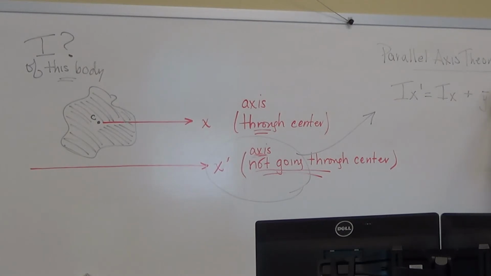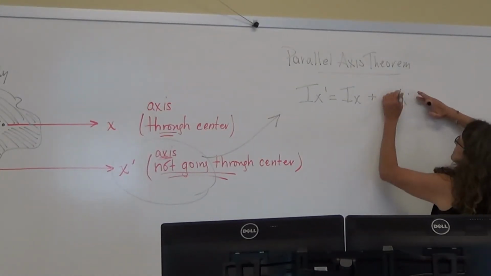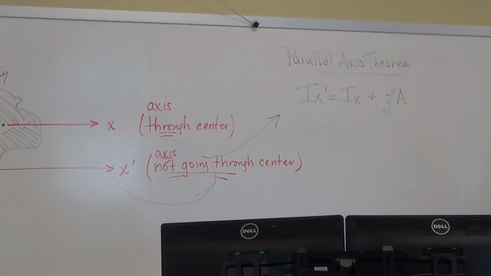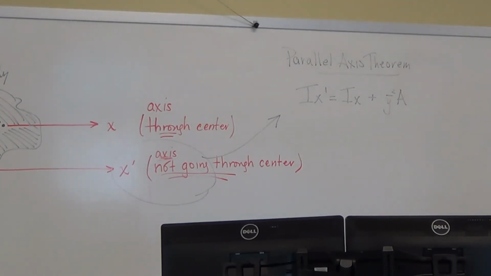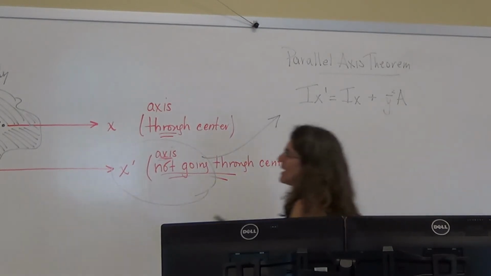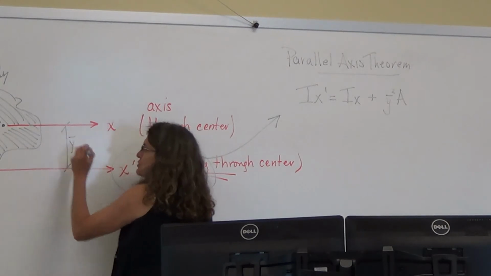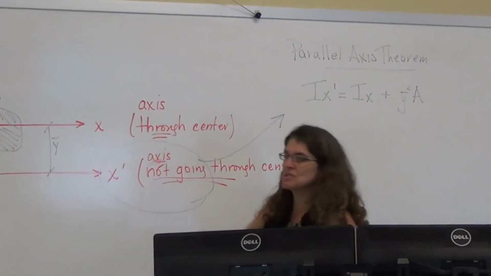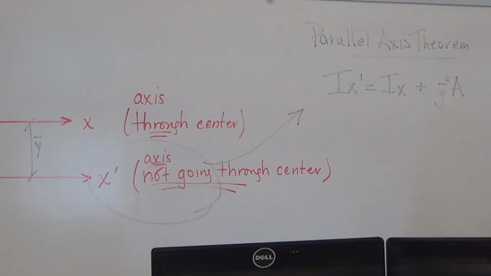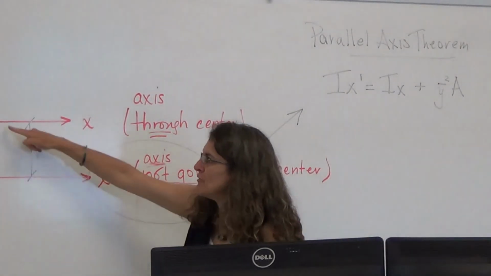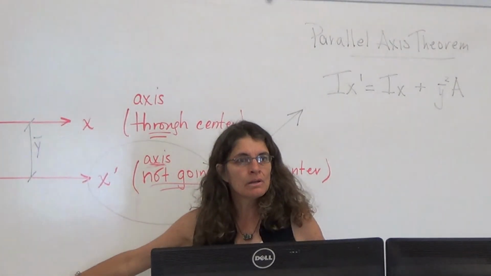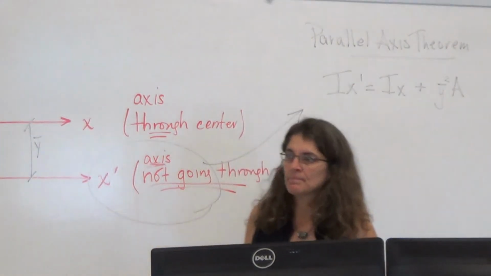We're dealing with second moment of area. It's not y bar squared? Harry, thank you. Okay, so that one I guess I didn't memorize. So what does y bar stand for? y bar is the perpendicular distance between the center axis and the axis in question, which means the further the axis is away from the center, the greater the moment of inertia.